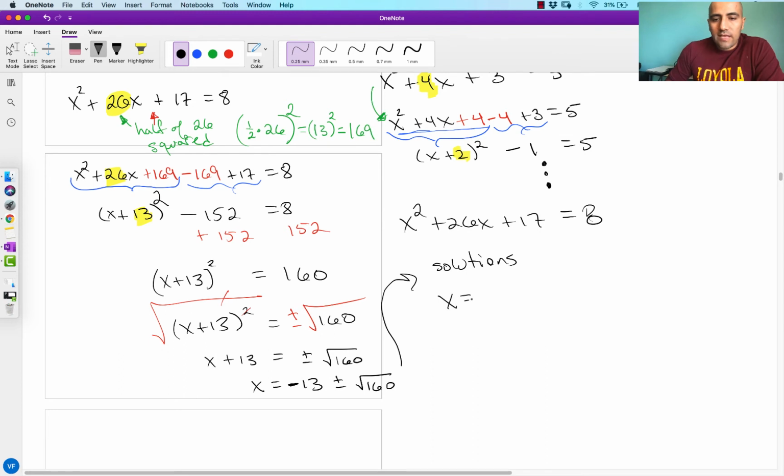One solution is x equals negative 13 plus the square root of 160. And the other solution is x equals negative 13 minus root 160. Right? So two different solutions. I can check it. I can turn this into a decimal approximation. So let's do that.